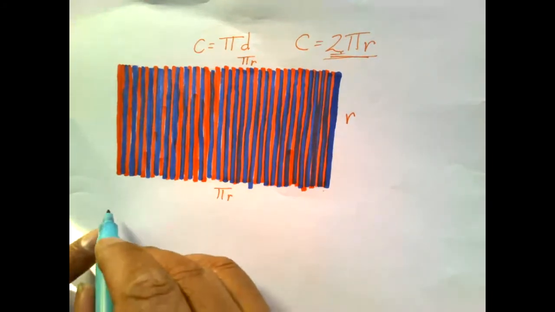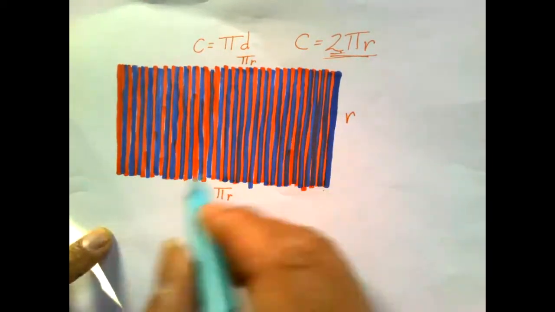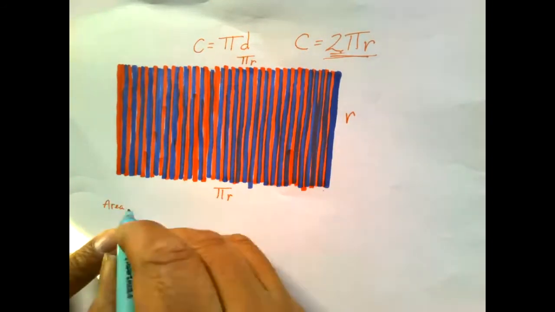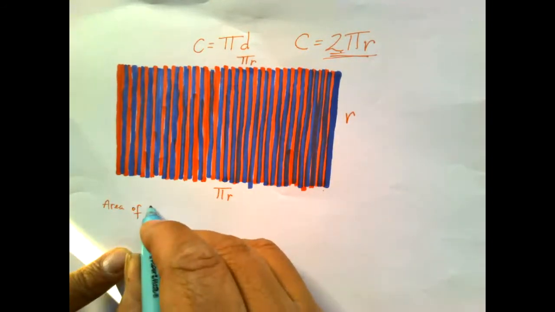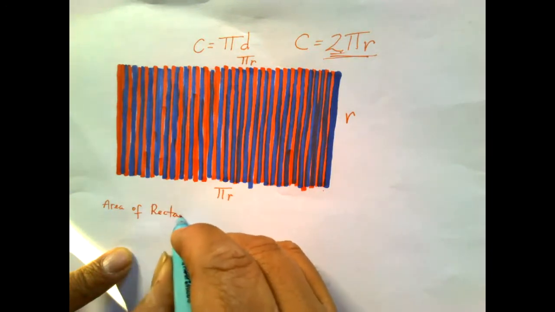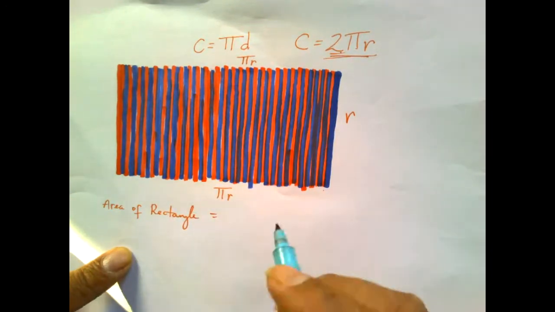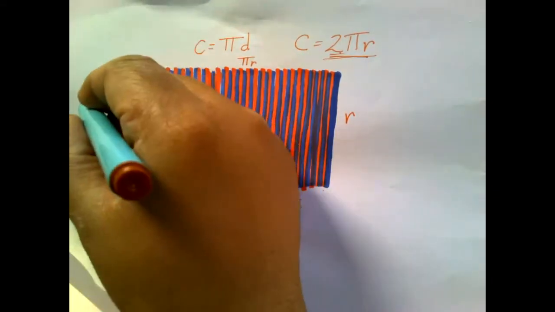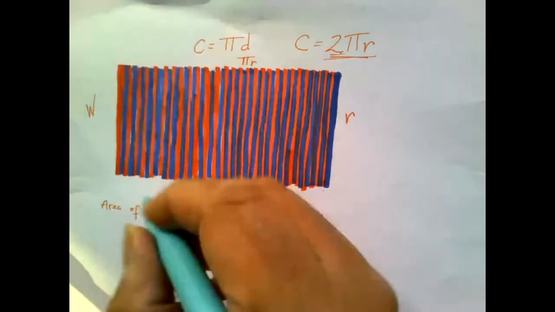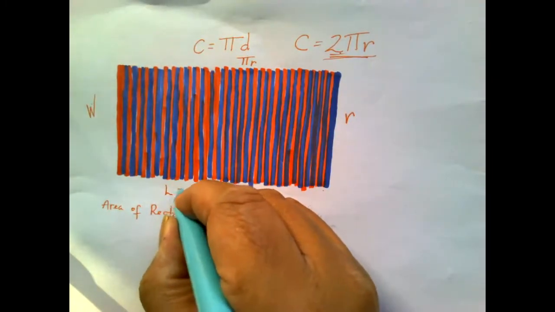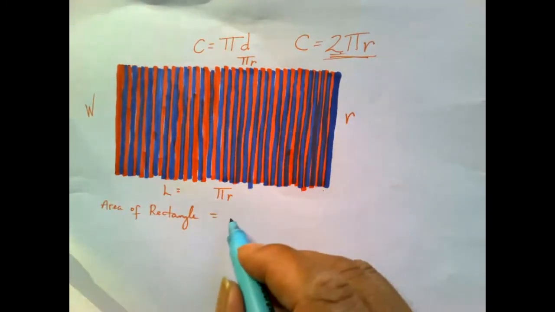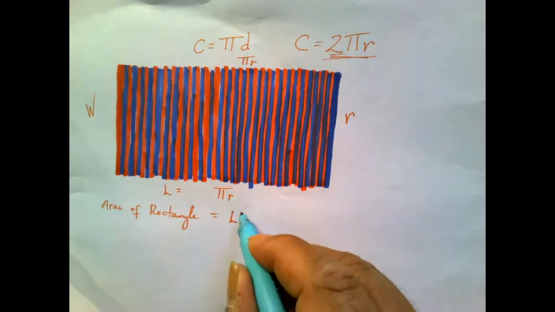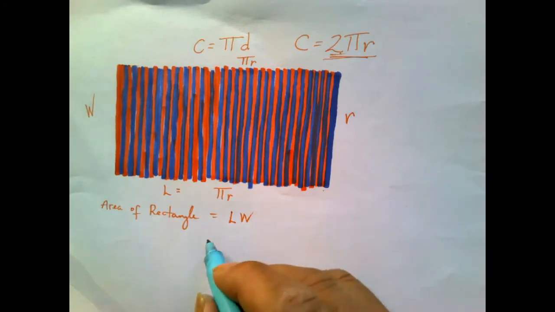Now we look at the rectangle. This is the area of the rectangle. How do we solve for that? Area of rectangle. How did we do it before? You multiply this side, the width, or the length, so it should be length times width, right?